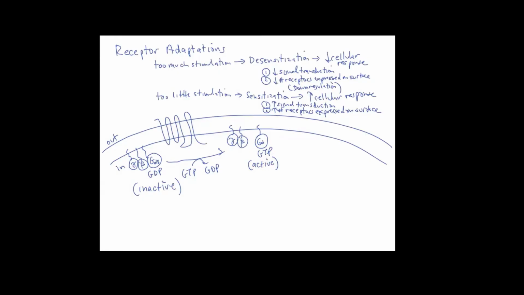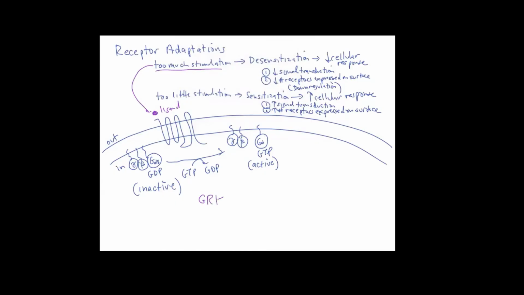So if we have the example of too much stimulation, as just an example, too much ligand binding, what will happen in this example of a G protein coupled receptor is that you can start to activate what are called GRKs, G protein coupled receptor kinases.